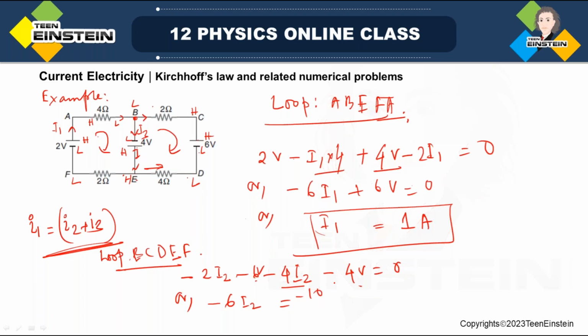Okay, so we can write from here, sorry, this is I2. I'm sorry, this is actually I2 is equal to 10 by 6, then it is 5 by 3.